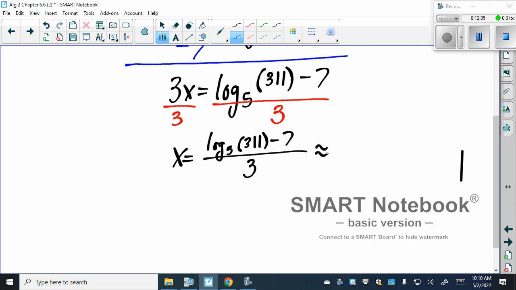And if we type this into the calculator, what do we get? It should be a decently significant number. Negative 1.445553. Yep.